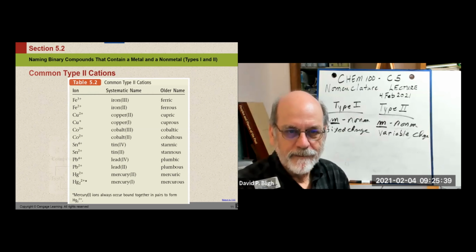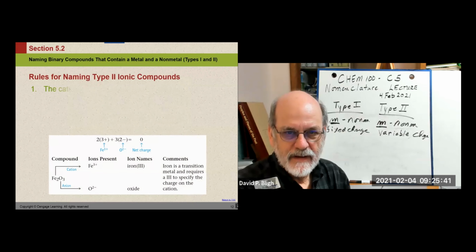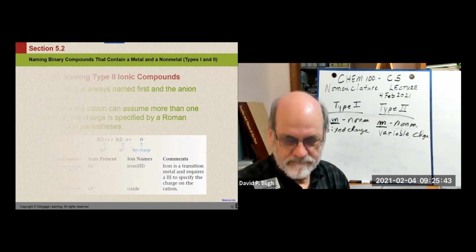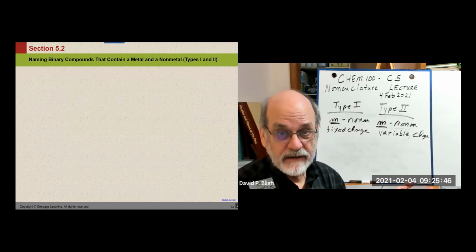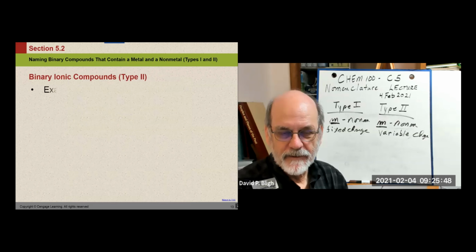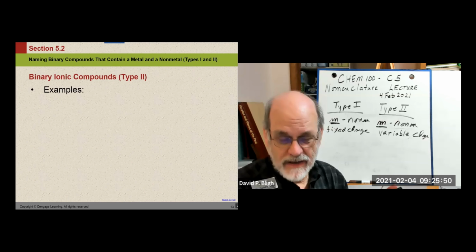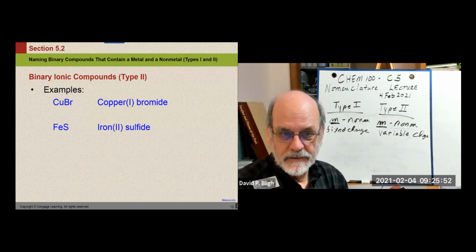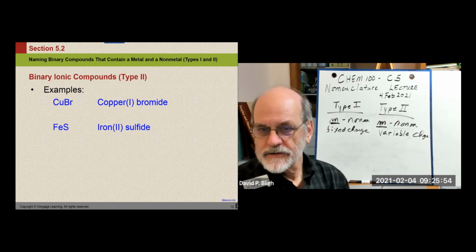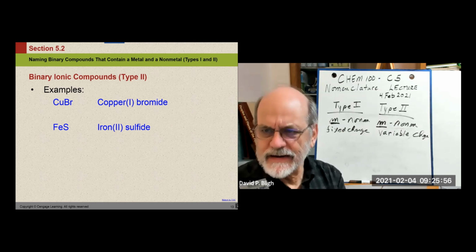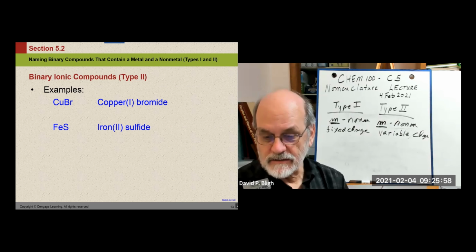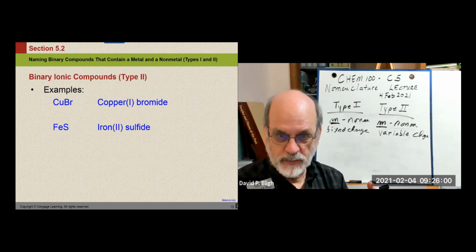Okay. So here's some rules laid out in green. Some type 2 examples. There's one with copper. Sulfur. Where does sulfide come from? It's a chalcogen. It's in the oxygen group, right?